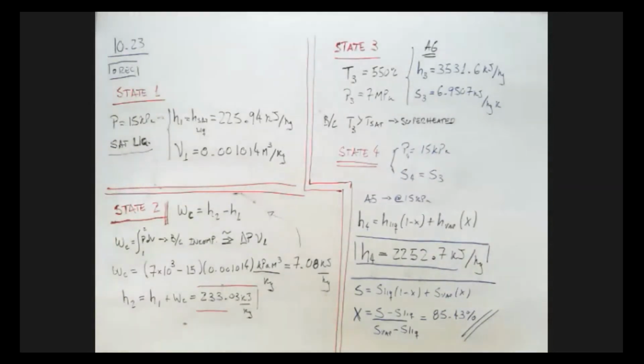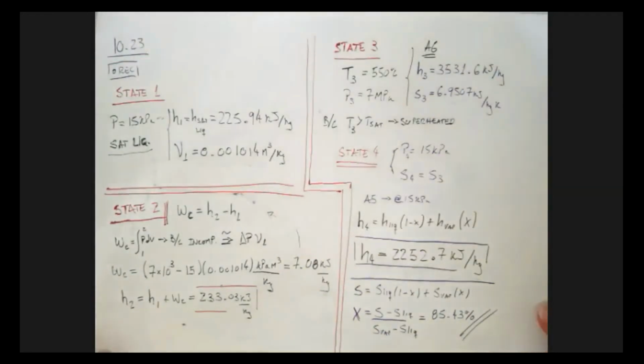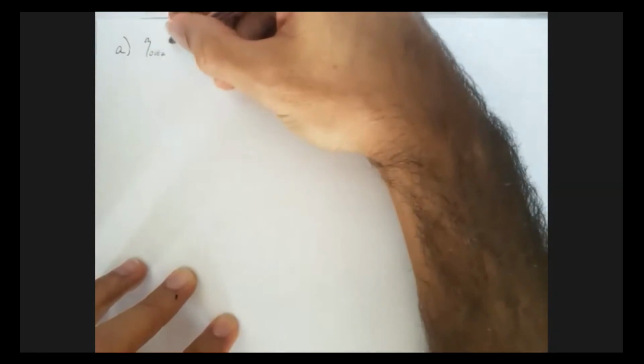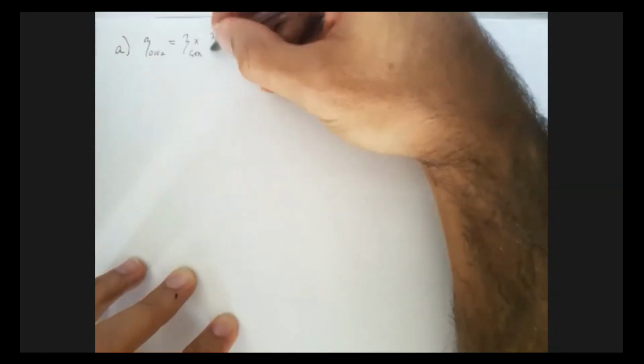Just want to point out that we now have enthalpy of state 1, 2, 3, and 4. So the next part is pretty trivial, right? Just use that information to finish it off. Okay, so if you guys recall, what we're looking for is the overall efficiency, which is a combination of all the efficiencies.